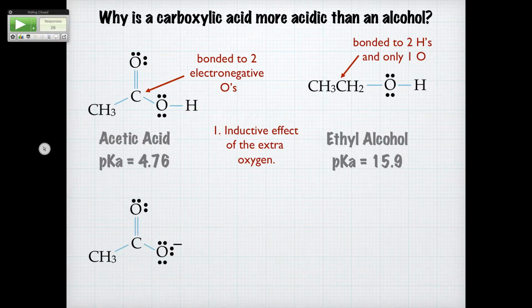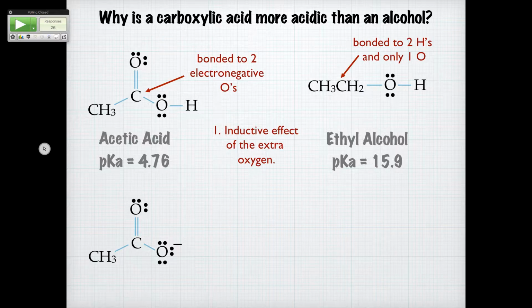This is the conjugate base of acetic acid. Do you see how I got that? Here's our acid, here's our conjugate base. What did I remove from this? The proton, the H+. Doesn't matter who took it, this is still always the conjugate base.